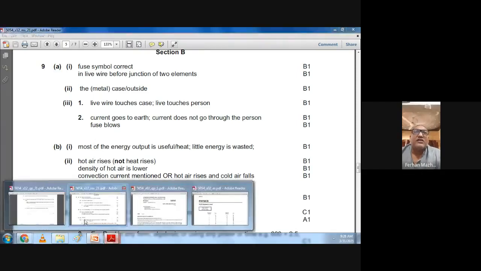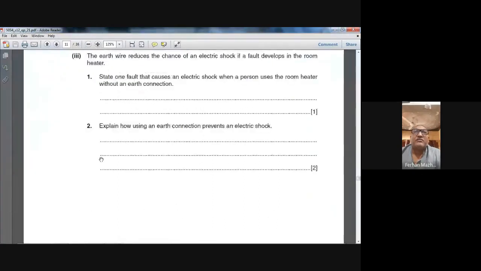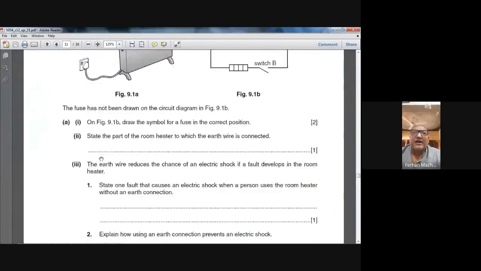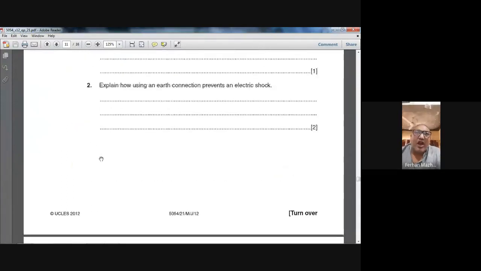Okay, now is the second part. Question 9 part A part 3, its second portion: explain how using an earth connection prevents an electric shock.